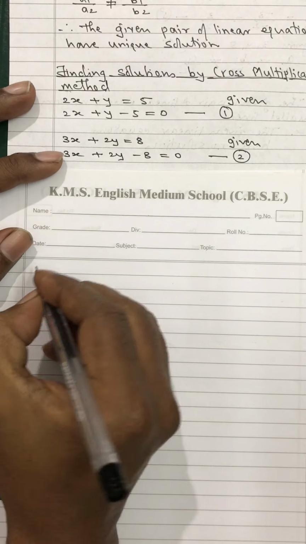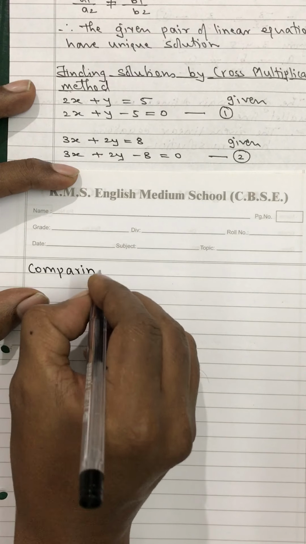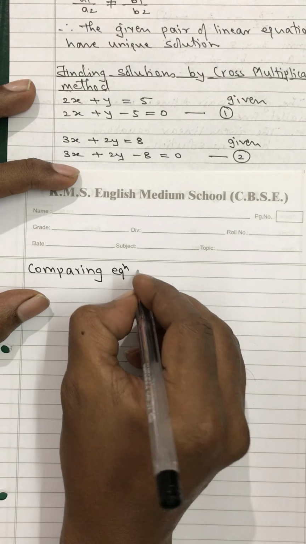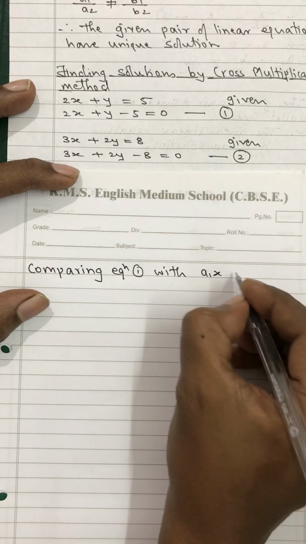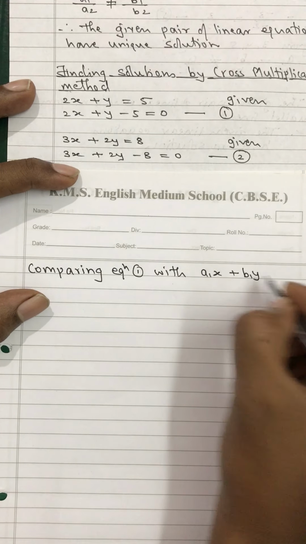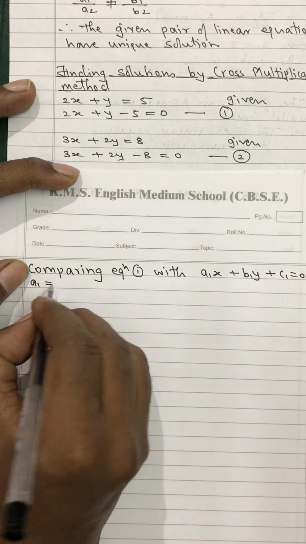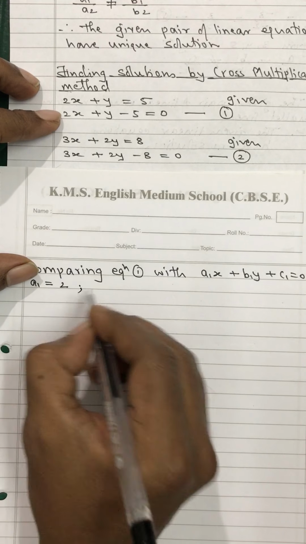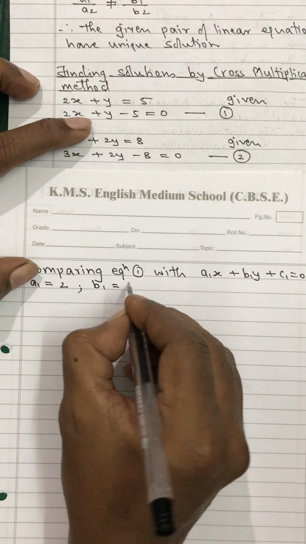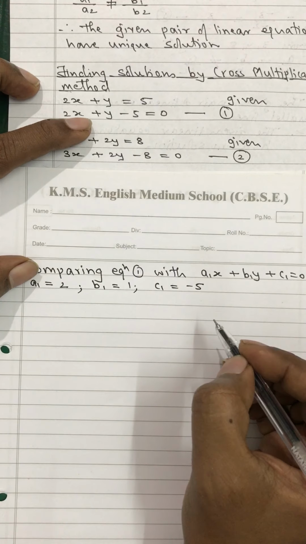Comparing equation 1 with a1x plus b1y plus c1 is equal to 0, I get a1 is equal to 2. See, this is the first equation, 2. b1 is equal to 1. c1 is equal to minus 5.